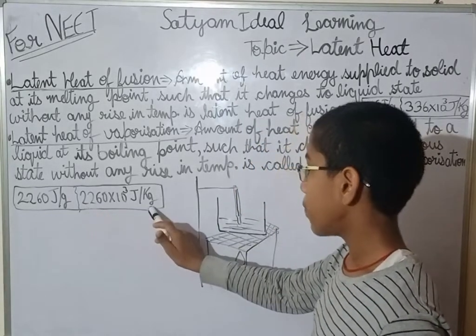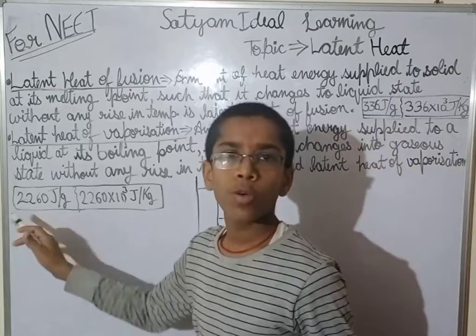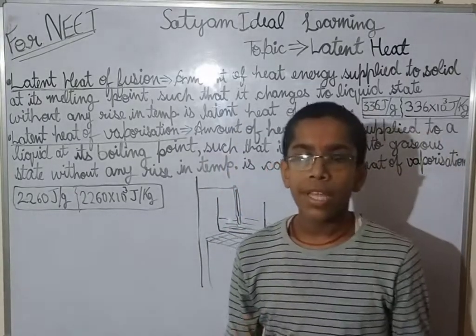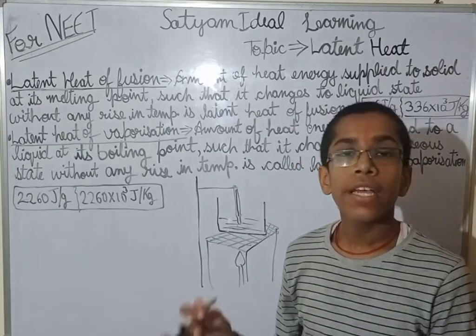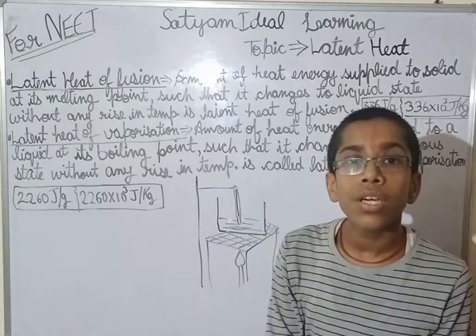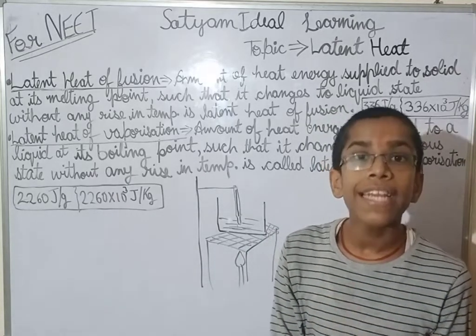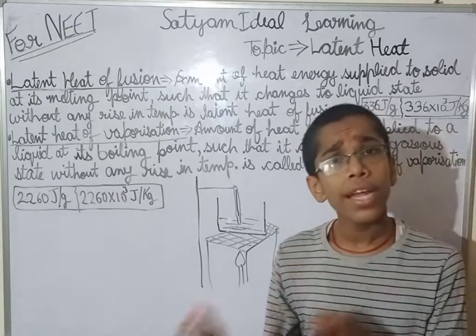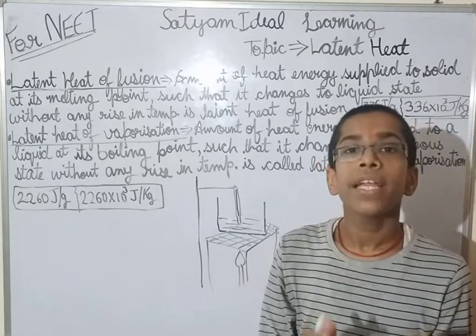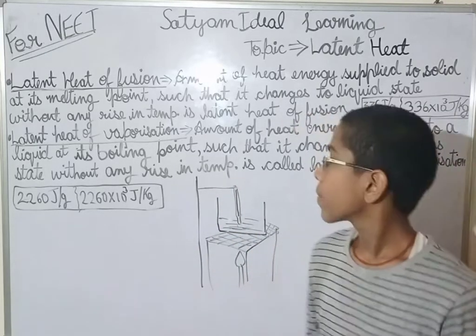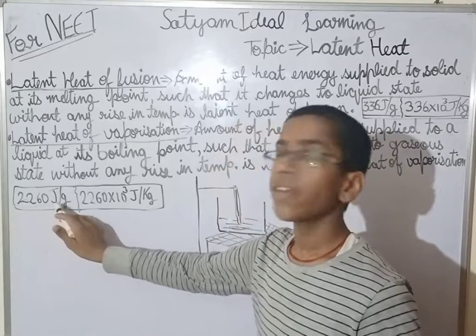And this is the experimental value. And when we talk about gram, the amount of heat energy required to change 1 gram of water at 100 degrees Celsius into steam at 100 degrees Celsius, then this experimental value will come.